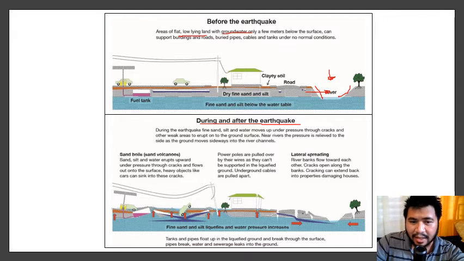They're basically just like rafts that are floating on water. So during lateral spreading, the ground will just spread into an open space, as you can see here.